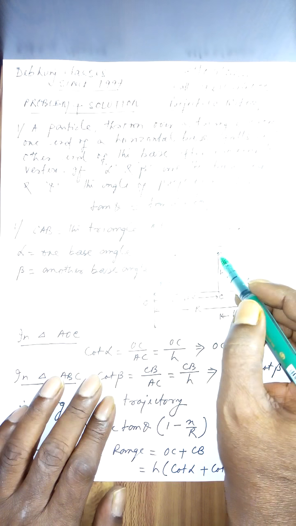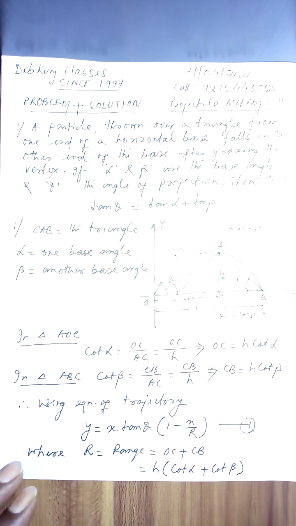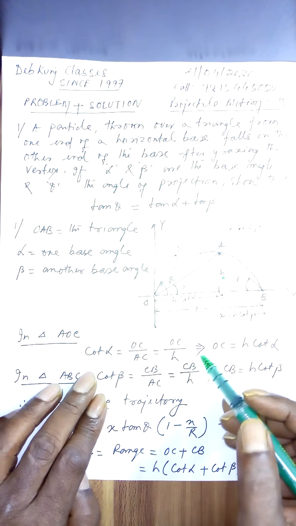Now look, let this point A be on the path of the projectile. Drop a perpendicular. Let this height from A to C be h, not necessarily capital H, the maximum height. This is not necessarily here. So in triangle AOC, this angle is alpha.